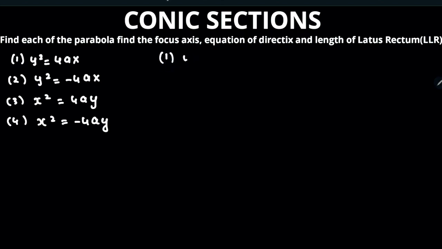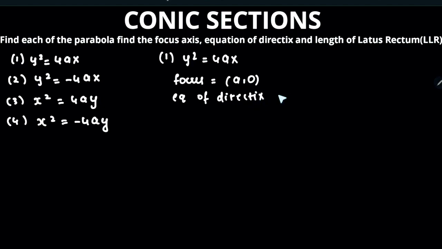So the first form is y square is equal to 4ax. For this equation, focus is equal to a comma 0, and equation of directrix is equal to, you have to write which axis. So axis is x-axis.